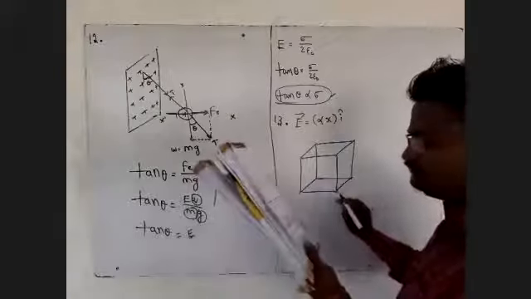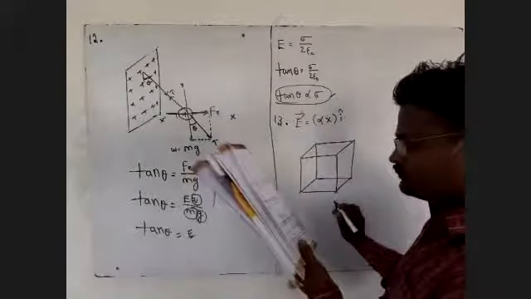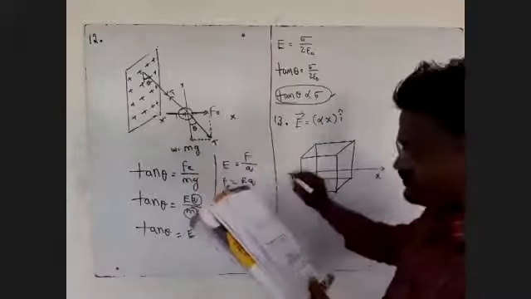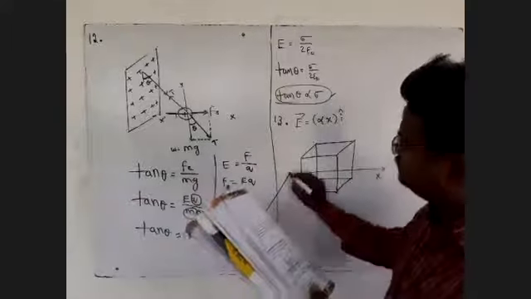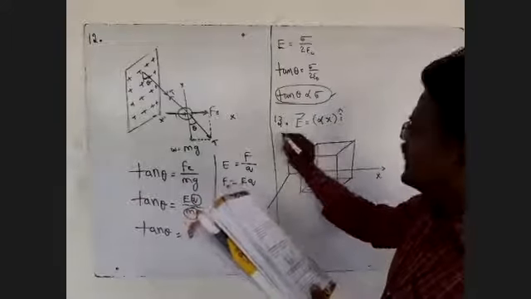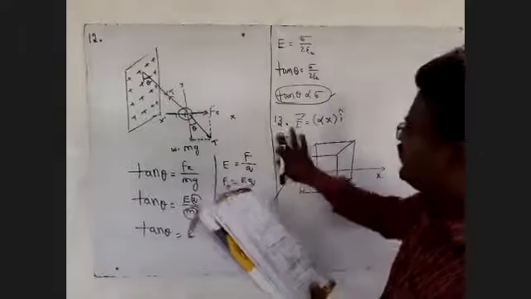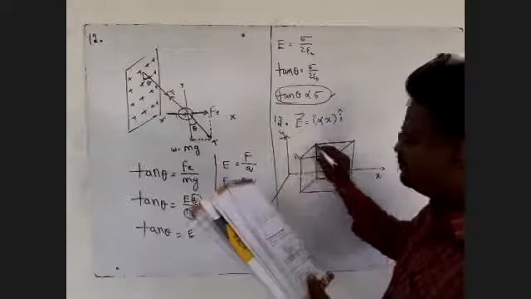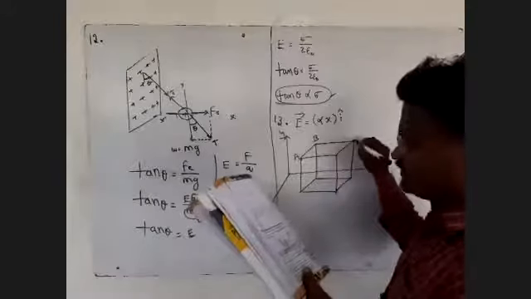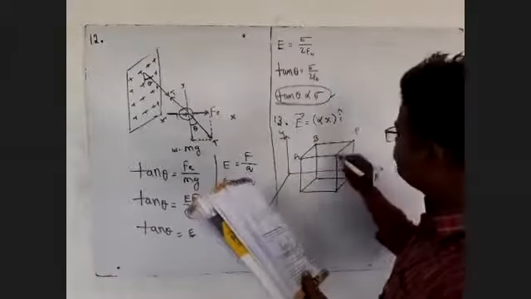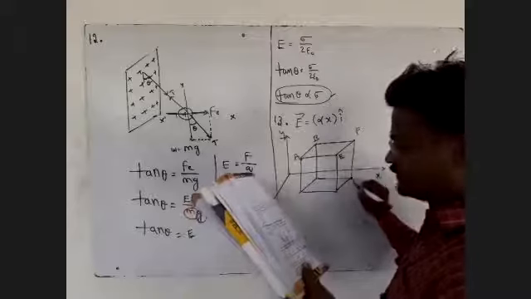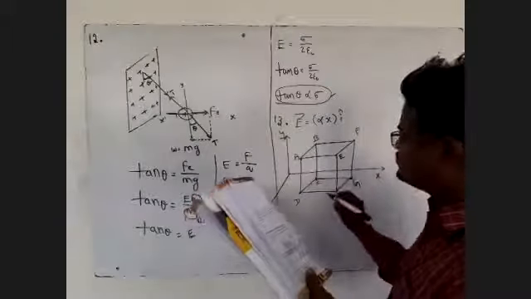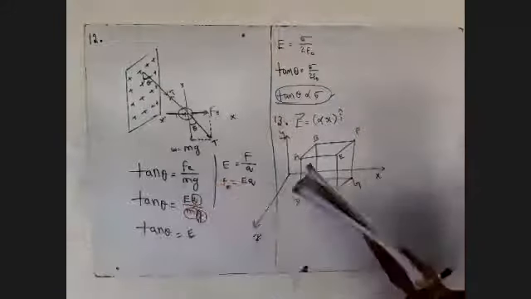This is the figure. This is the x-axis, this is the z-axis, and this is the y-axis. These are points A, B, F, E, G, H, D, and this is point C. This is the given data.